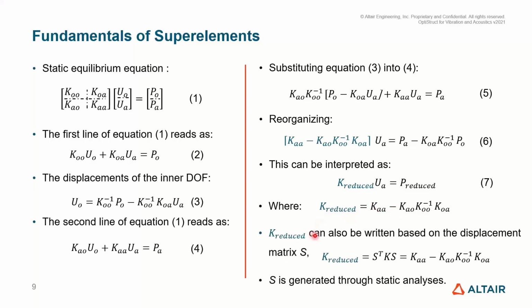K reduced can also be written based on displacement matrix S. So we have S transpose times K, where K is the original stiffness matrix, times S equals the part on the right side. In OptiStruct, S is generated through static analysis. So here I want to say this transformation is an equivalent form of the transformation on the right side.